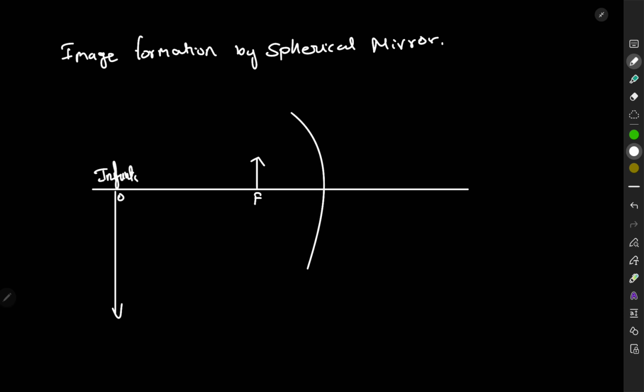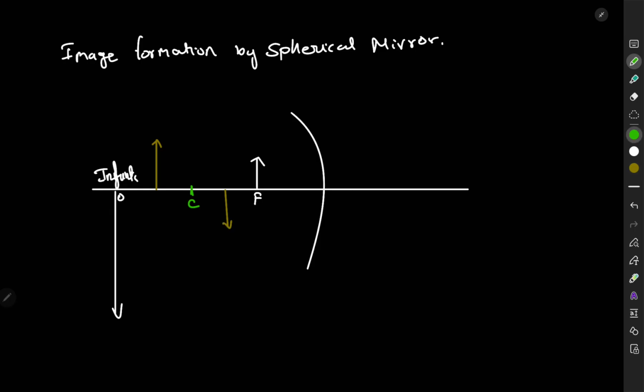When the object is placed at infinity, the image will be formed at focus. When the object is placed beyond the center of curvature C, somewhere around here, the image will be formed between C and F. Between C and F. Fine.